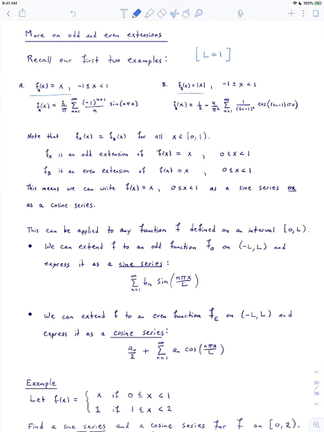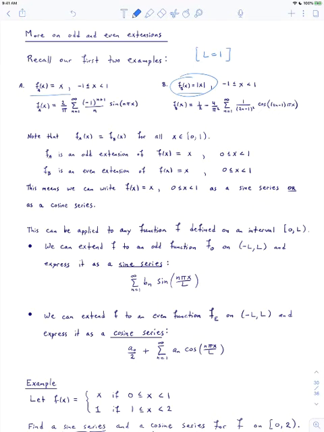What we want to notice here is that these two functions agree for all x from 0 to 1. f_a(x) is x, and when x is positive, f_b, the absolute value of x, is just x.